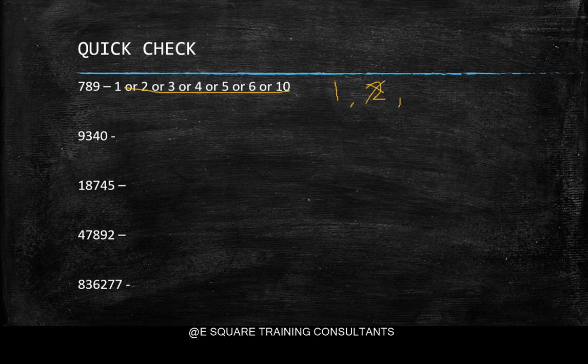And for 3, I need to remove the 9, so 7 plus 8 is 15, 5 plus 1 is 6. So it is divisible by 3. Ultimately, 789 is divisible by only 1 and 3. Likewise, check all these numbers and give your answers in the comment box. Thank you.